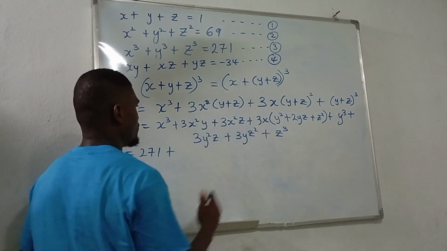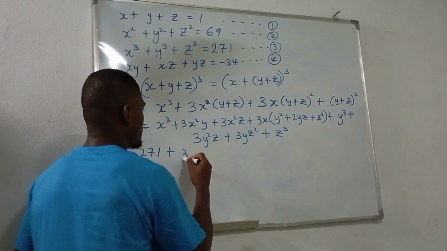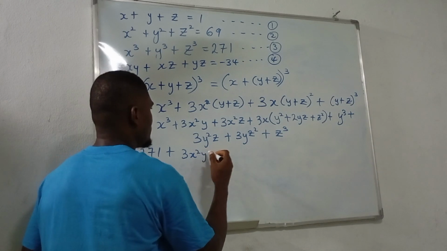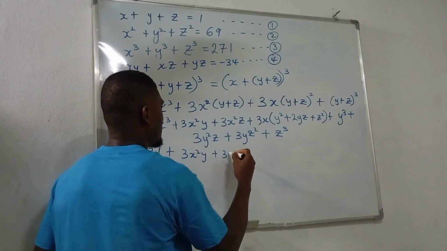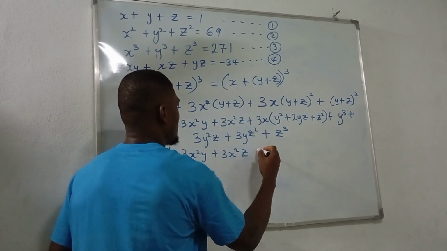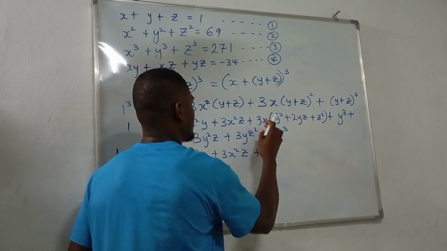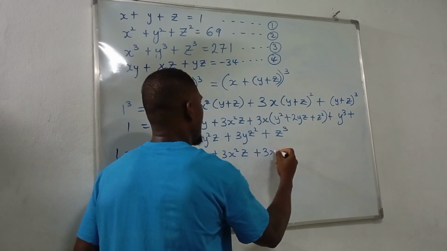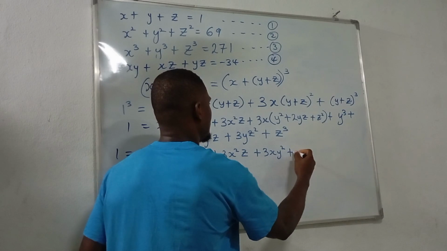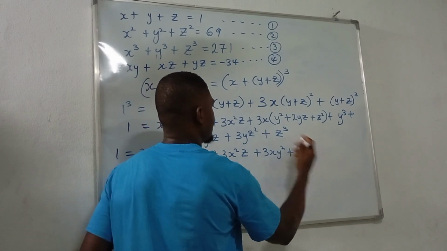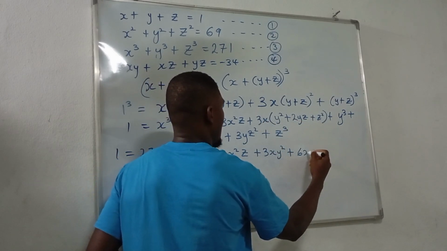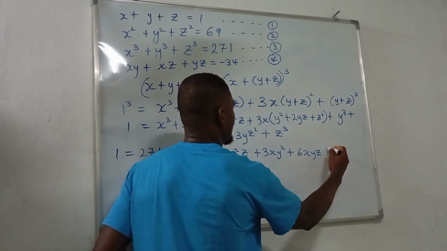Then we're going to write the rest of the equation there, which involves 3x squared y and then 3x squared z and then 3xy squared. Then we have 6, this with this, xyz.